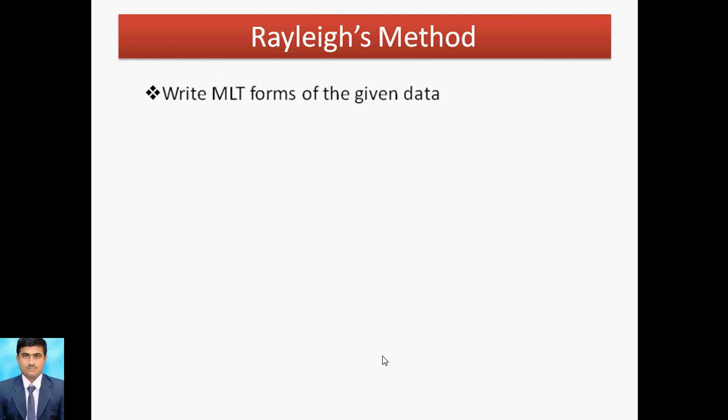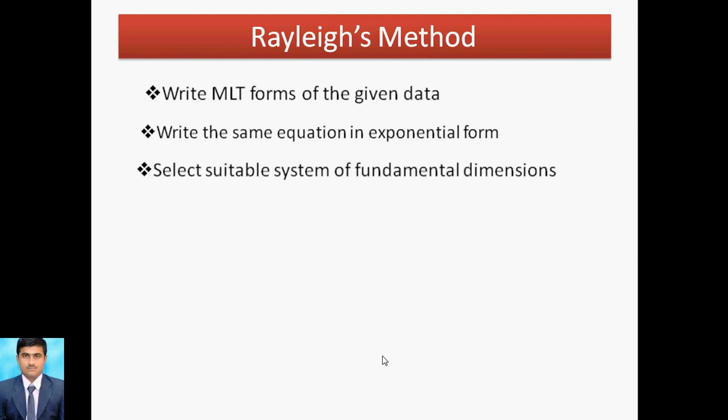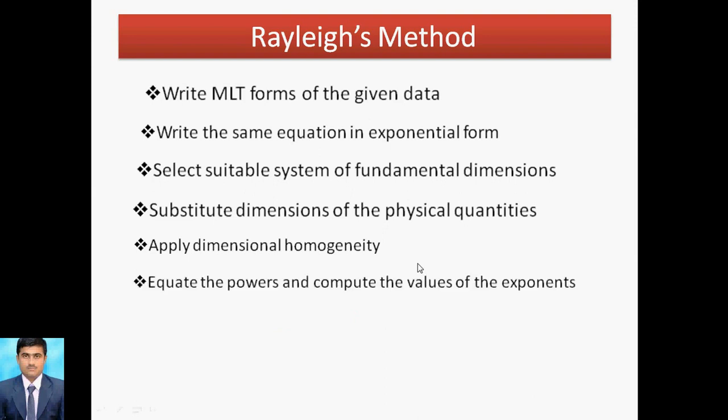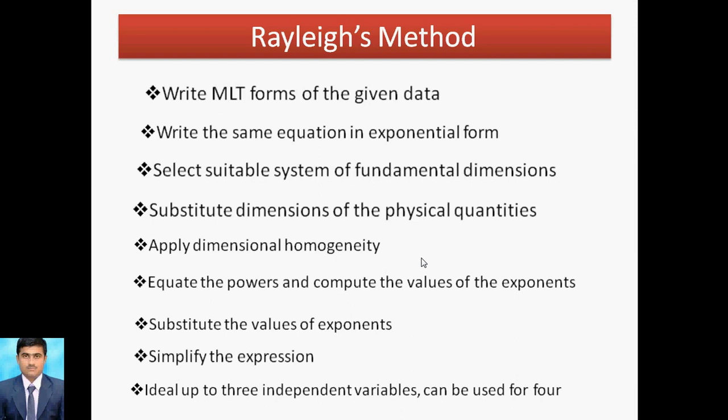Then select the fundamental dimensions, then substitute the dimensions of the physical quantities, and apply dimensional homogeneity. Next, equate the powers and compute the values of the exponents. Then substitute the values of the exponents and simplify the expressions. These are the steps we have to take care of for Rayleigh's method.